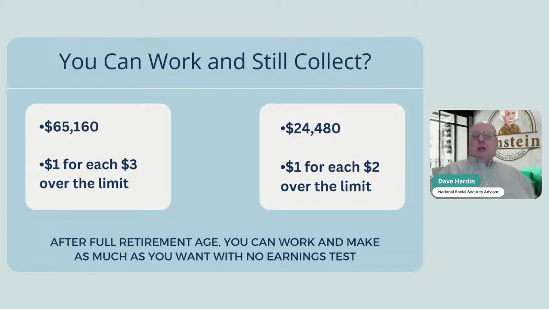Let me put that in real terms. Let's say you're making $2,000 a month in Social Security, and you made $58,000 in income last year. At the end of the year, you will owe every dime of that $2,000 a month, the $24,000 that you collected, back to Social Security with interest.